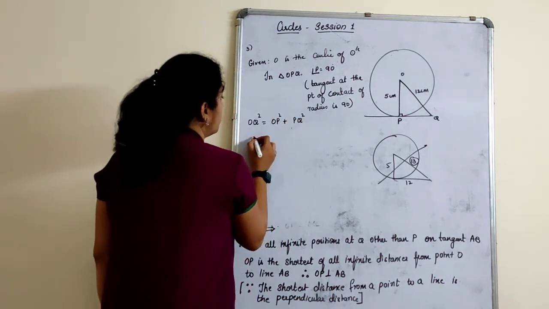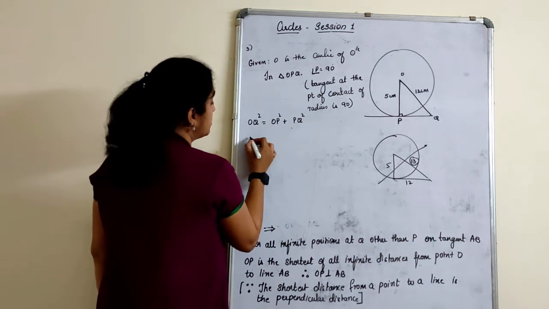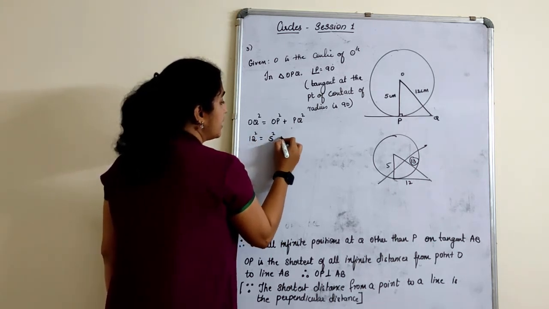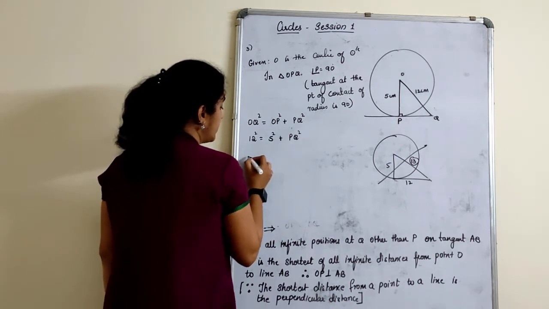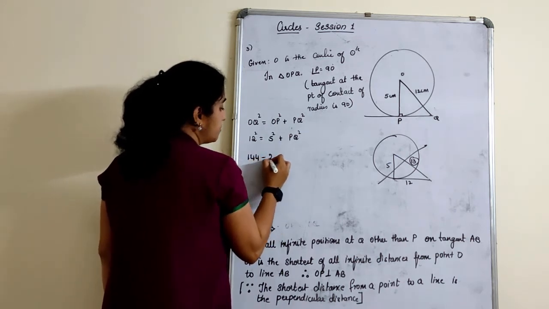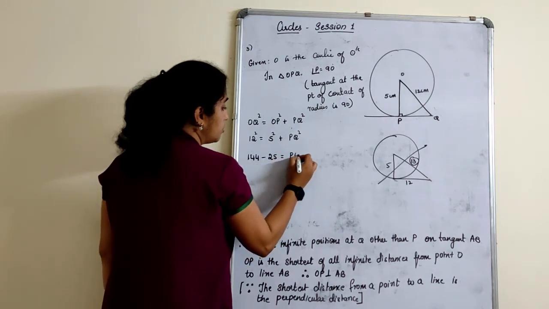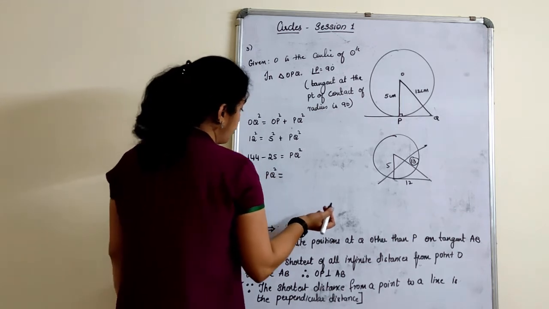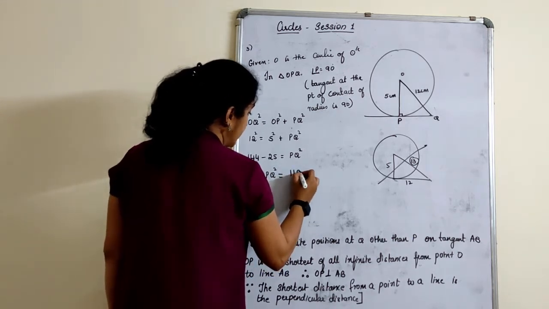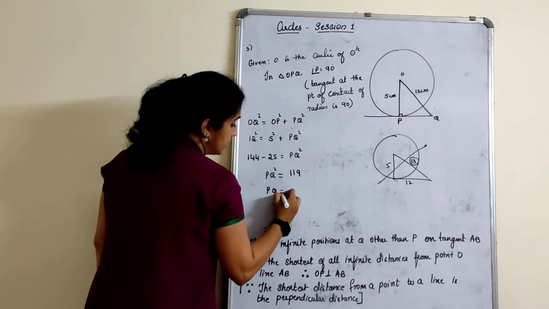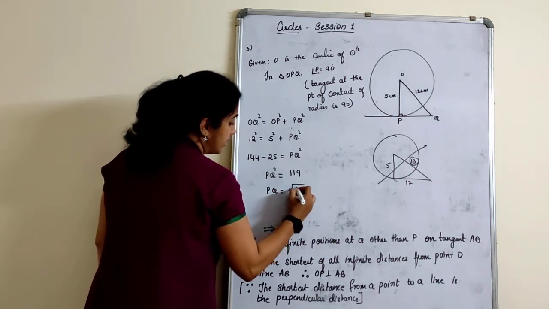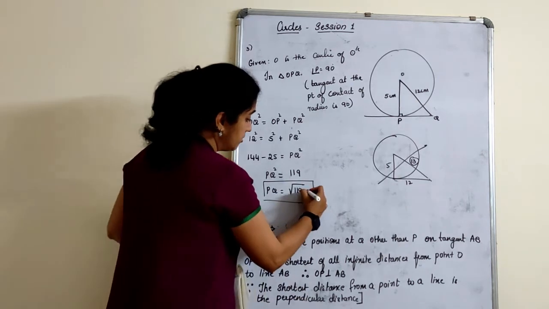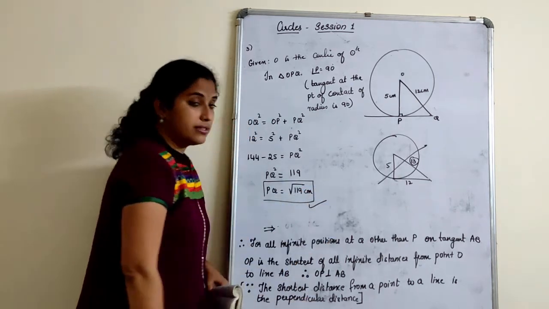So OQ square, 12 square, is equal to OP, 5 square, plus PQ square. 144 minus 25 is equal to PQ square. PQ square is equal to 144 minus 25, 119. PQ is root 119. Is it there in the option? Root 119 centimeter? Yes, that is there in the option.